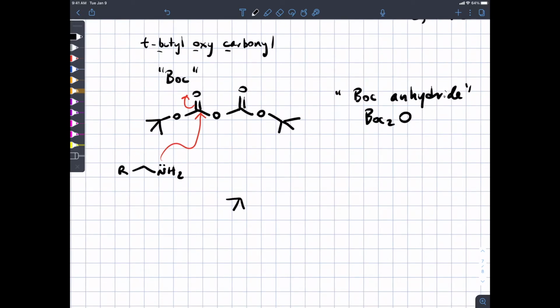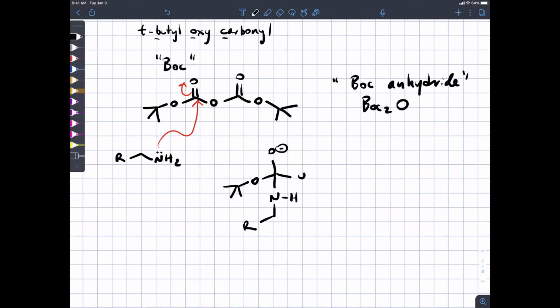And then I'm cheating by not showing the proton transfer. Okay, fine. You would go here, and then you would need to remove a proton from that nitrogen. Here's the rest of the molecule.